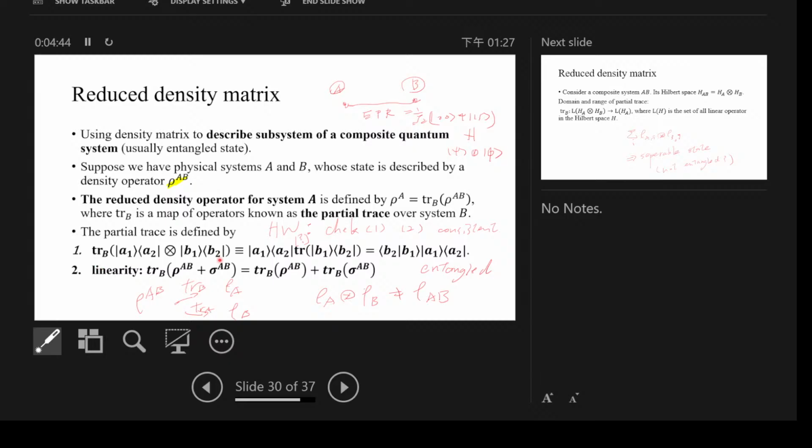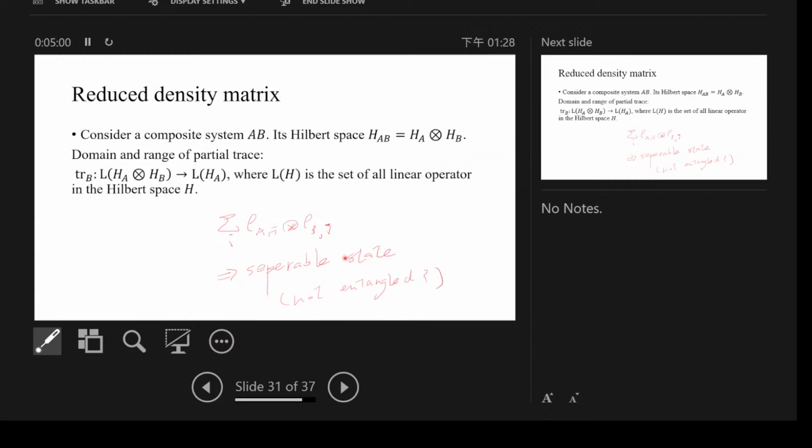Then we also have linearity. If you have some density matrix rho AB plus some density matrix sigma AB, then trace B of the sum equals the sum of the trace B.